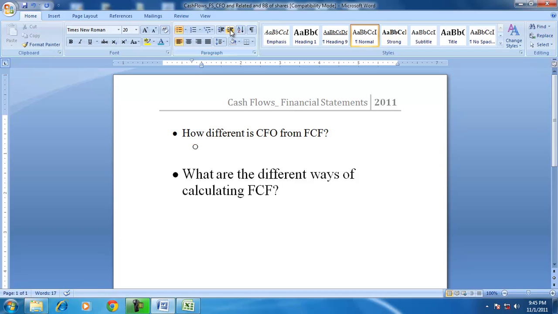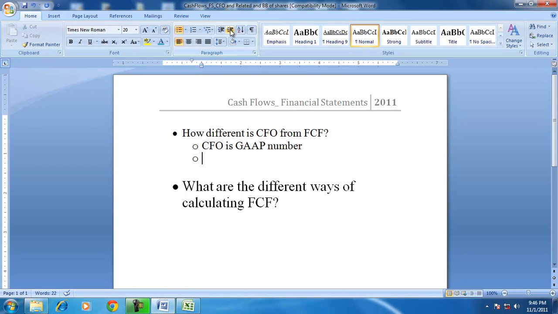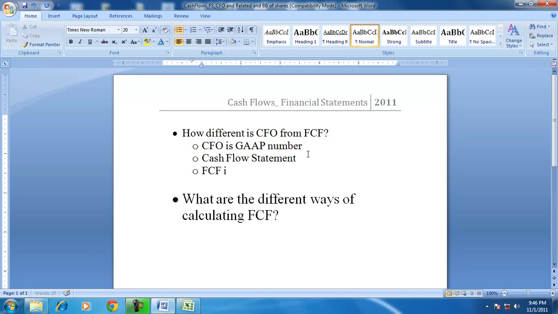The CFO, cash from operation, is a GAAP number. That means every firm is required to calculate the CFO and show it in the cash flow statement, whereas the free cash flow is not a generally accepted GAAP number.